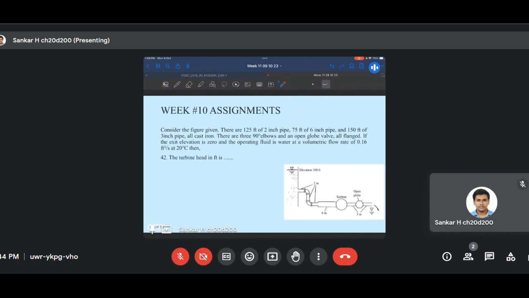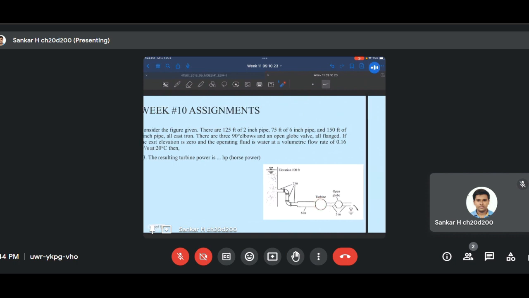These are very straightforward questions, and finally you have to find the turbine head, where you add all the heads together, and that will be equal to the turbine head. And the power will be equal to the head times rho g times the flow rate. That's what you'll get as the turbine power here.